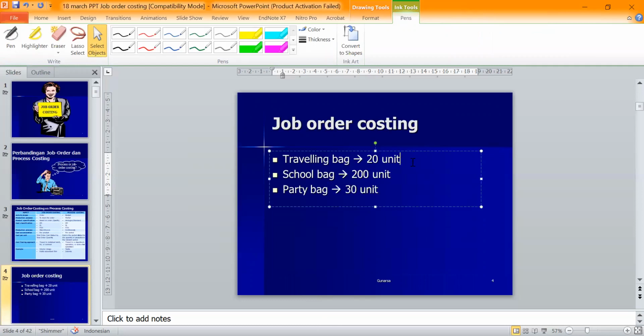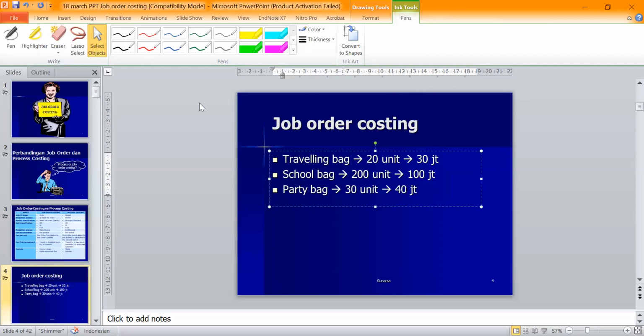And then after the ending of the period, the company knows that the total cost of production for the traveling bag is, let's say, 30 million. And then for this one is, let's say, 100 million. And for the party bag, let's say, 40 million.